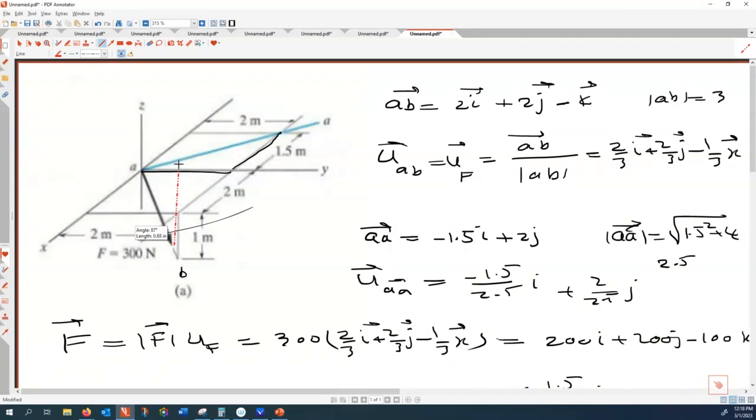You just draw a normal to that. I mean, it's not very easy to show, but let's assume that this is a normal. So if this is normal, that is the component which is parallel to AA, and this one is the component which is normal to AA.